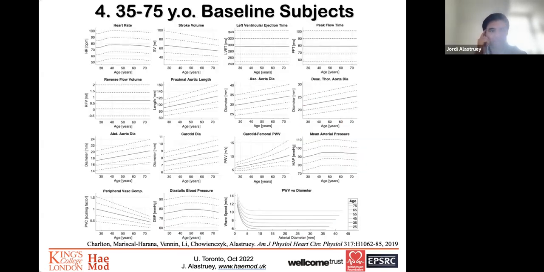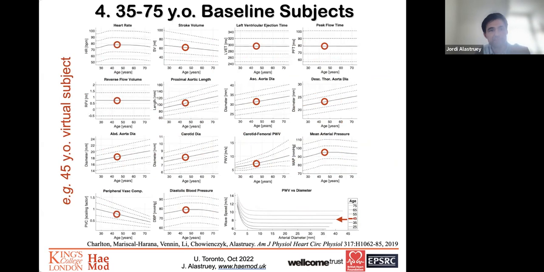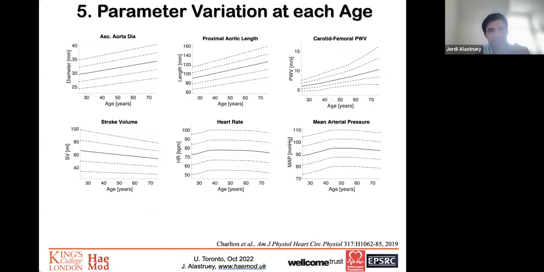In the fourth step, pulse waves were simulated for a baseline subject at each age group using age-specific mean values for all parameters found when reviewing the literature. So as an example, the red circles indicate the mean values used to simulate the 45-year-old baseline subject.